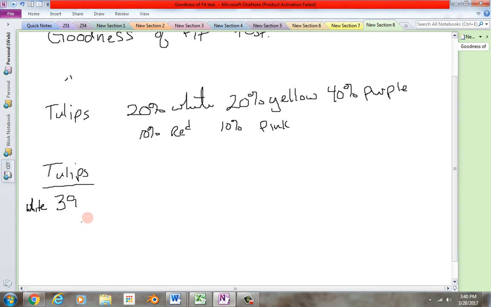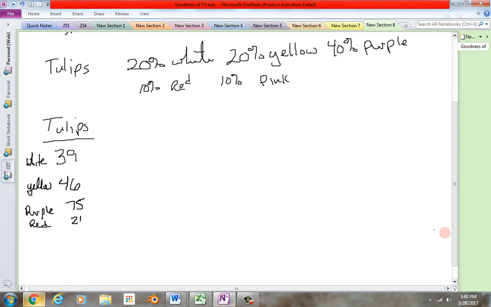In the same patch, I count 46 yellows, about 75 purple, and about 21 red. And 19 pinks, for a grand total of 200 tulips.